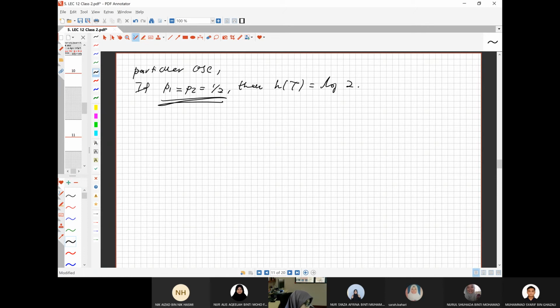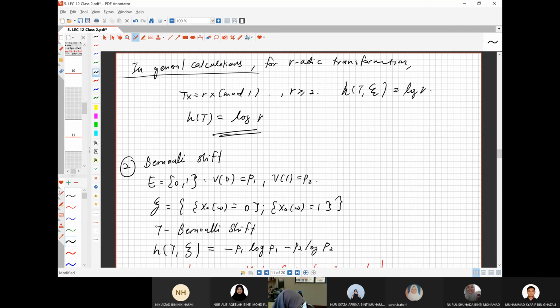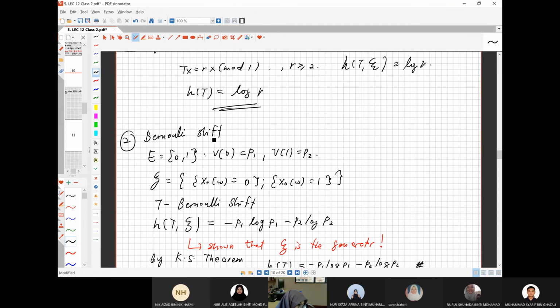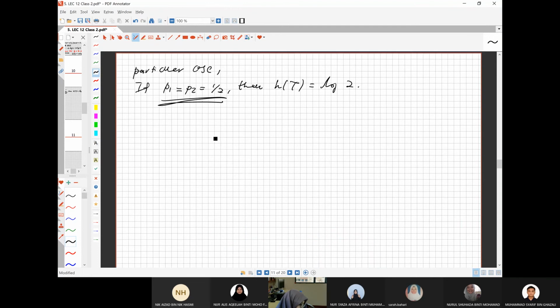So kalau you have the measure, they are symmetric untuk Bernoulli shift particularly, sebab Bernoulli shift can be 1 over 3, 2 over 3, it can be as long as the summation is 1. So kalau both of them are the same, or we call it as uniform, so you will have log 2. This one is particular.